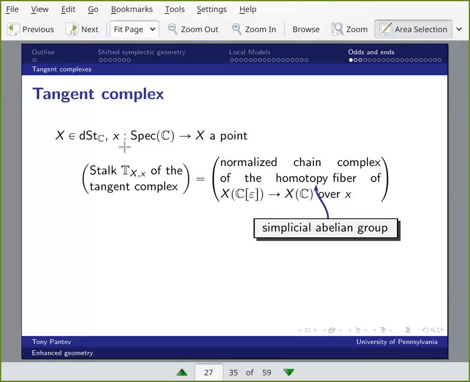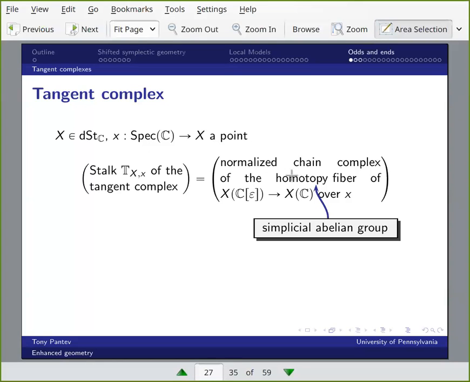So the points in X, because it's a singular or derived or stacky guy: if you probe X by something affine that you understand, the collection of probes, the collection of points, is now not really a set, but in fact a simplicial set.